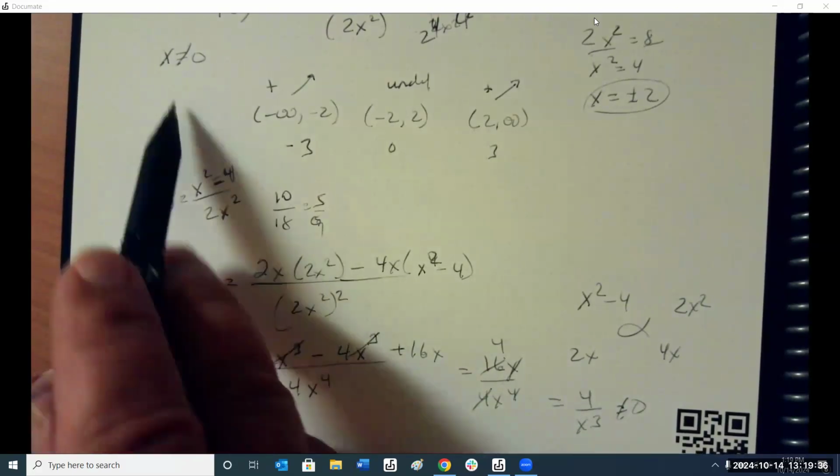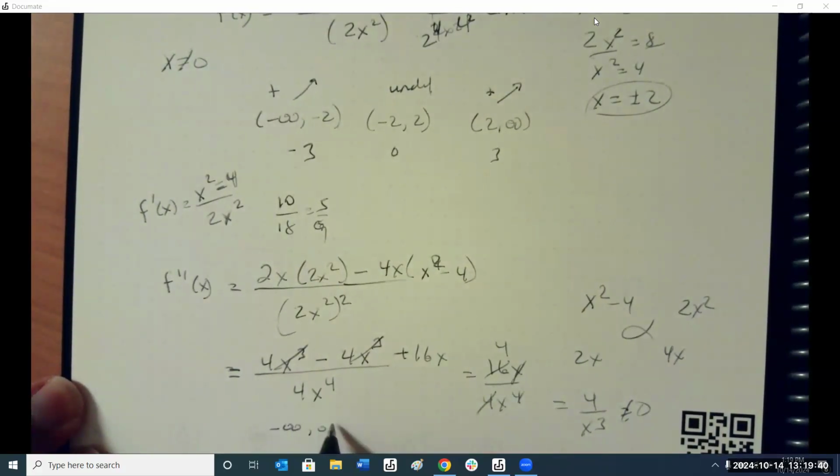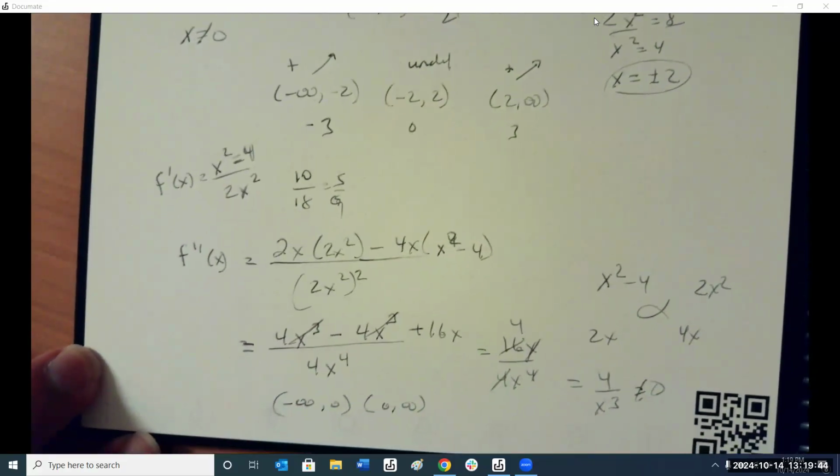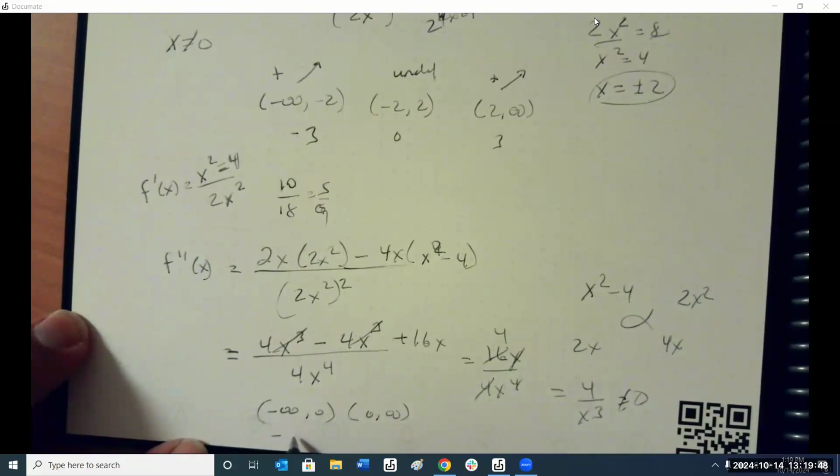Since we have 0 as our asymptote, let's see what happens to both sides. When x is negative, it's negative, so it's down. If it's positive, it's up.